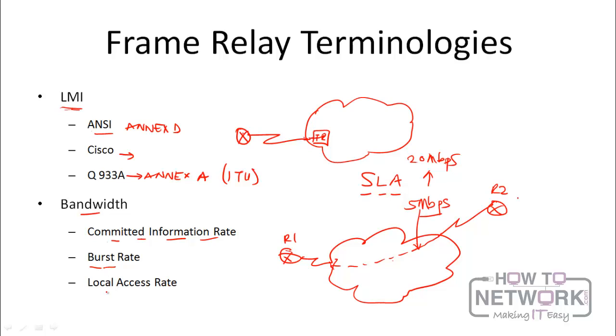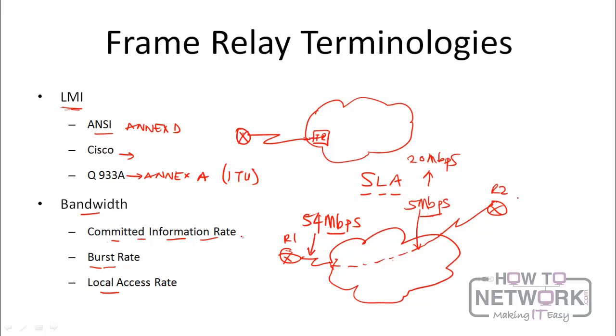Now, the local access rate is just the speed of the device or the speed of the media, in the sense that you can have a serial connection that can run 54 megabits per second. The mere fact that it can run 54 megabits per second does not mean that the link between router 1 and router 2 is going to be 54 megabits. It's actually going to be 5 megabits, but local access rate just identifies the speed of the cables and the physical connections of the network.